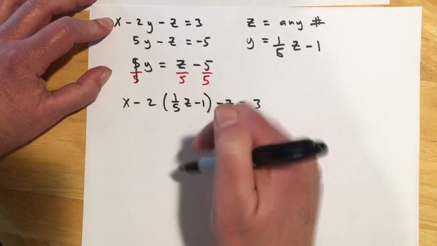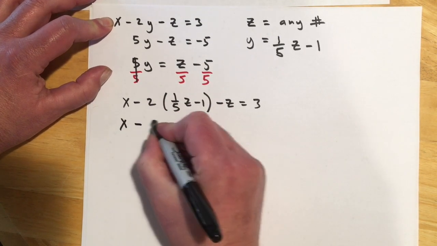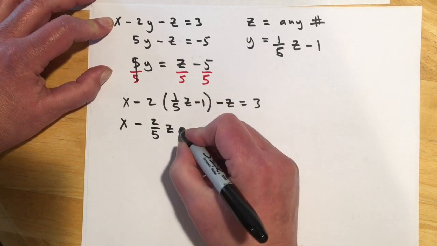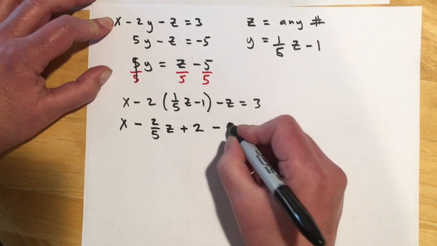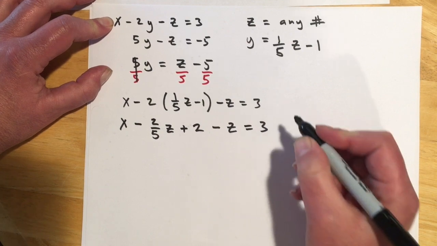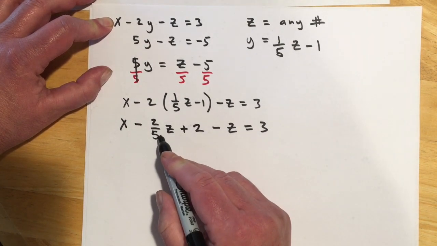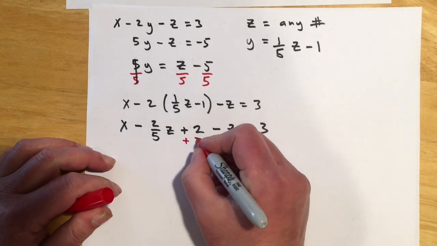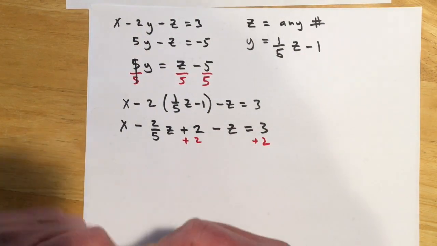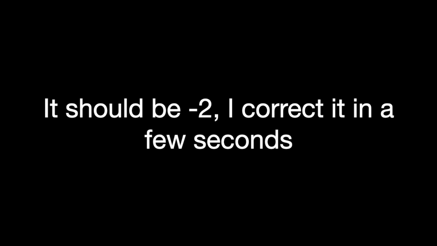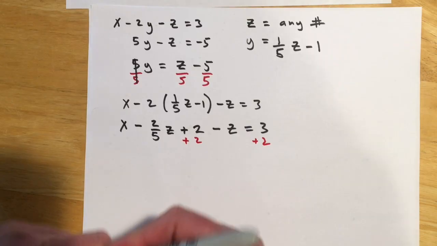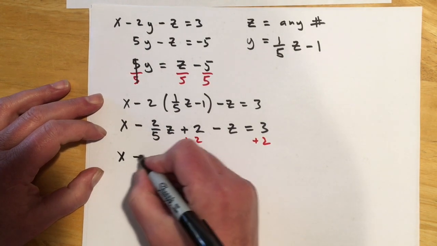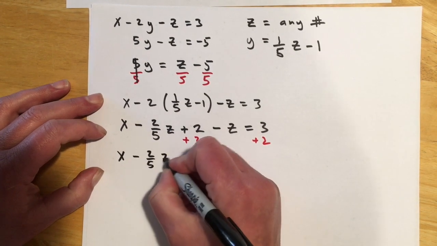And now I have to clean that up. So I'm going to distribute the -2 through. And don't forget to get the -1, so I'm like plus 2. And then I think I will bring the 2 over just to kind of get it out of the way. So here I have minus 2/5 z.